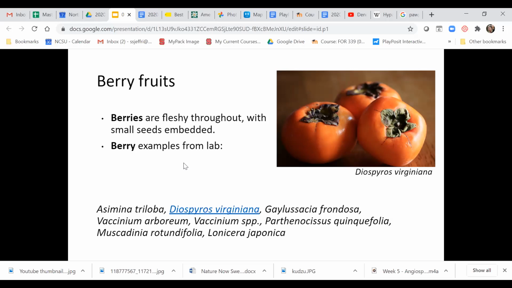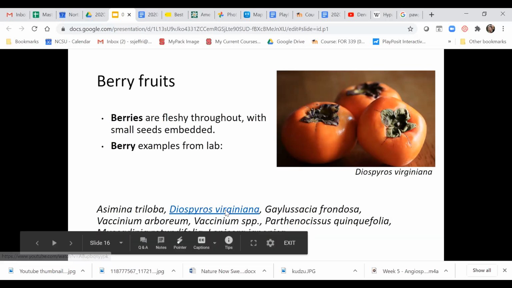We've only learned Oxydendrum so far, but we're still looking for Vaccinium on campus. Parthenocissus quinquefolia and Muscadinia, or Vitis rotundifolia, which has been renamed to Vitis, you've learned in lab. Those grapes have seeds throughout the berry. Those are some examples from lab.